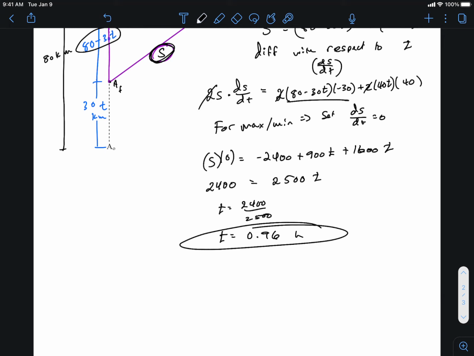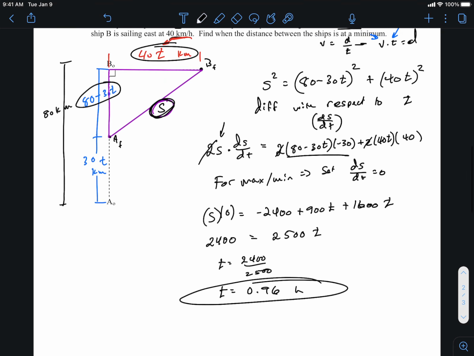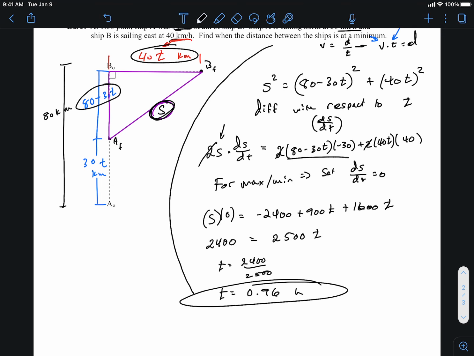I think what we could do here is take this time value and plug it into the equation. We could basically have S equal to this.